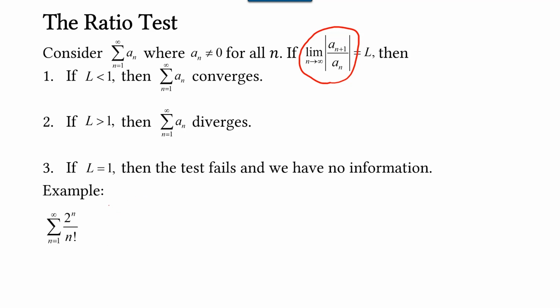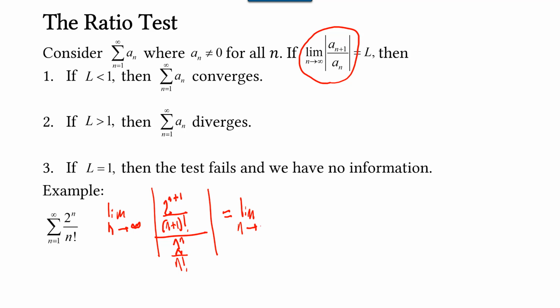For now though, we just need to take the limit as n goes to infinity, the (n+1)th term divided by the nth term. That's all in absolute values. Now, this is a series where all the terms are positive, so I can just drop those absolute values. But it's good to get in the habit of having them there. They will be important.